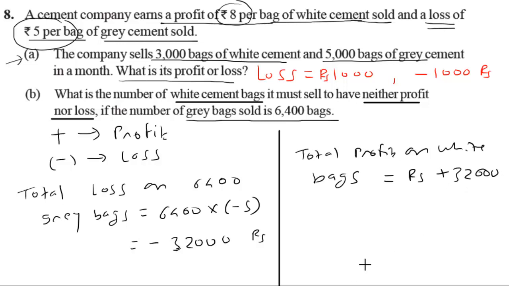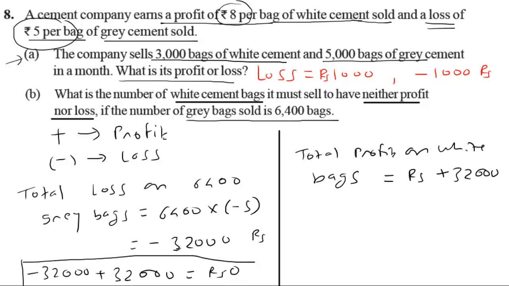That means if there is a profit of rupees 32,000 on selling the white bags, then there will be no profit and no loss, because minus 32,000 plus 32,000 is 0. So net profit or loss will be rupees 0. To satisfy this condition, the profit on the white bags should be rupees 32,000.